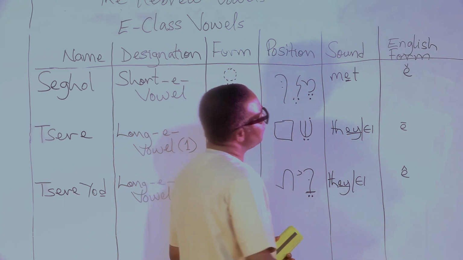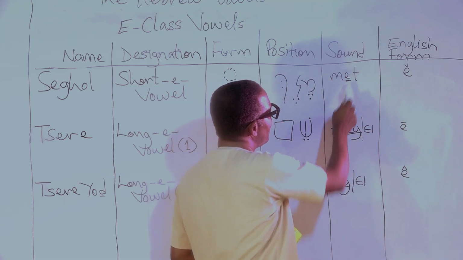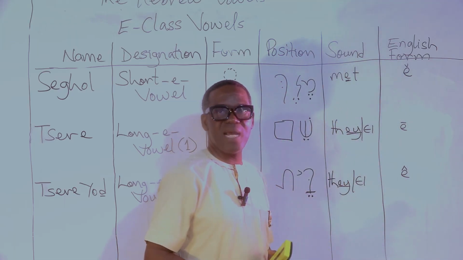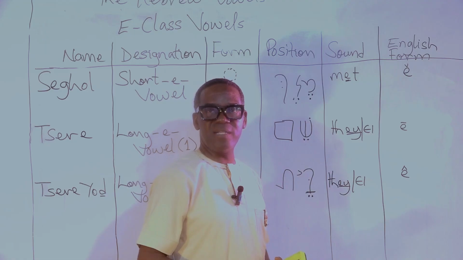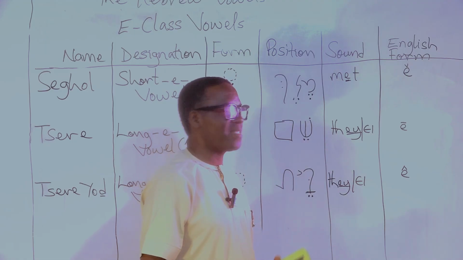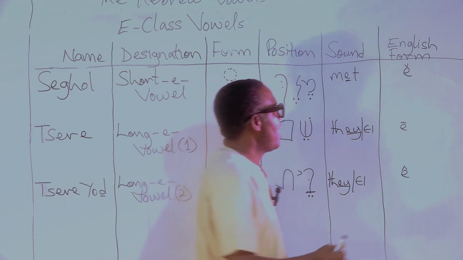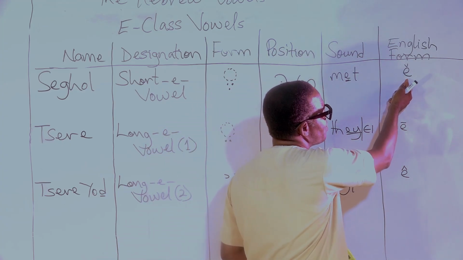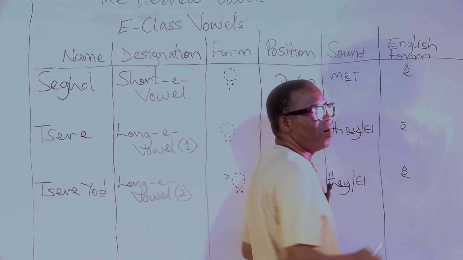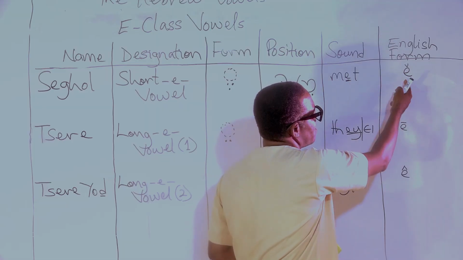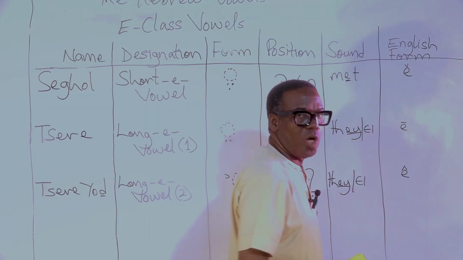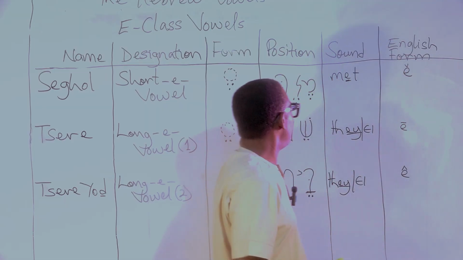In pronunciation, it sounds as we pronounce the E in met. Segol sounds as E, and this is the English representation. Look at the sign of the shortness on top. You have to take note of that.